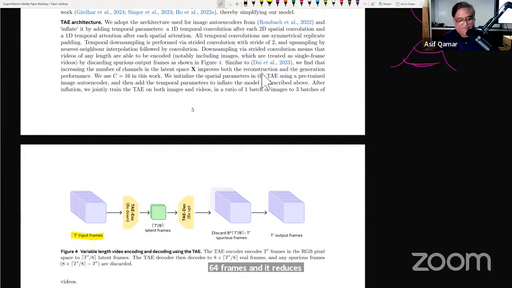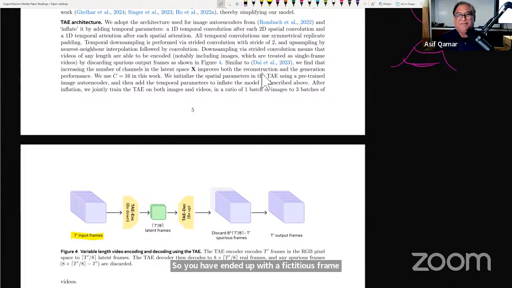But let's take a number other than 64, because 64 fits exactly. Let's say that you started out with 63 frames, and it reduced it down to 8 frames. When you decode it, 8 times 8 will become 64. So you have ended up with a fictitious frame, right?